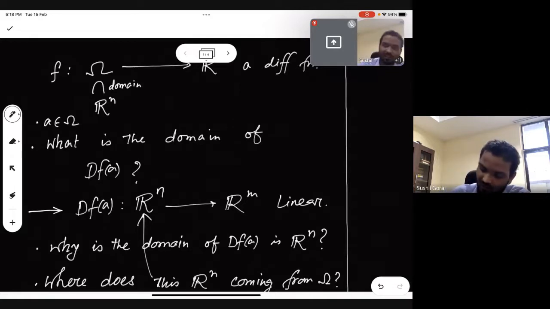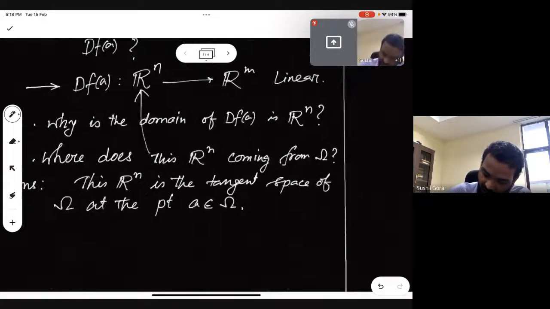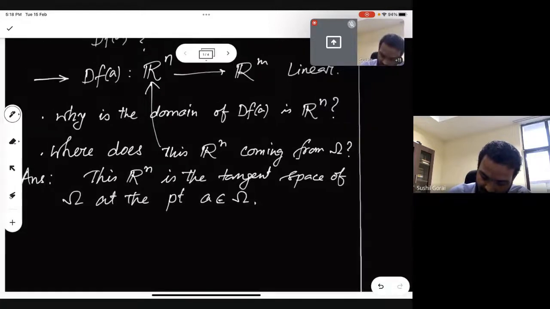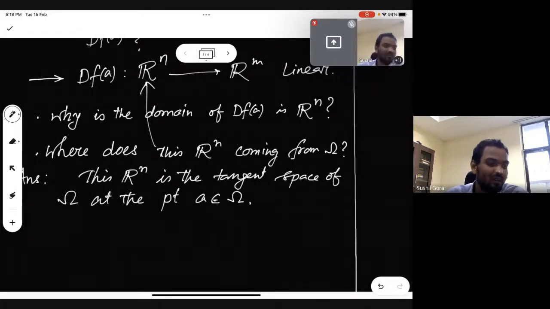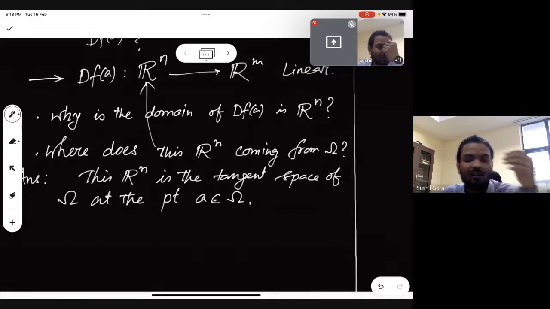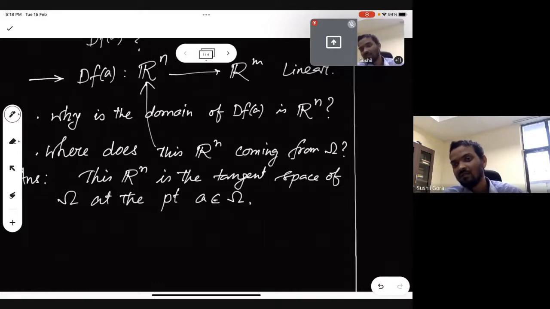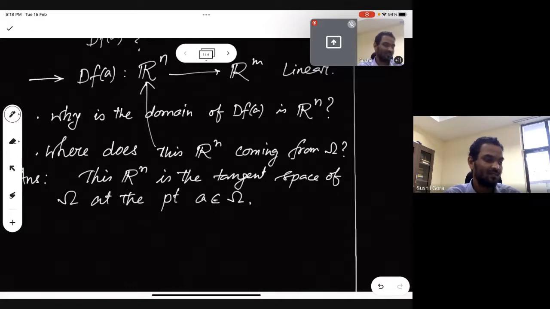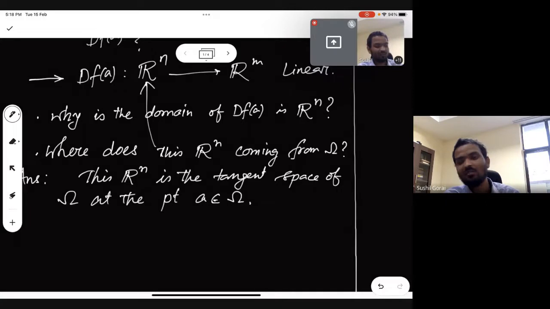Let's look at it in Rn. So the concept of tangent space. What did we do last time? We defined something called derivation. Did we define derivation? Not yet, right? We corresponded it to a vector.